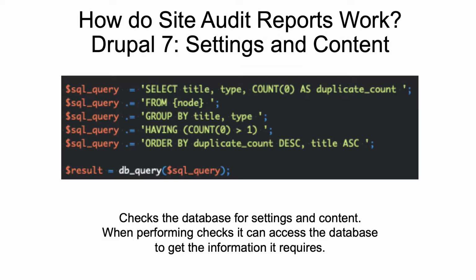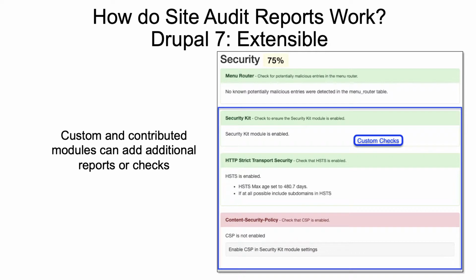When we're performing checks, it can access the database to get the information it requires. And it is extensible. You can add your own custom sections or checks to your custom modules, or contributed modules can add their own checks.